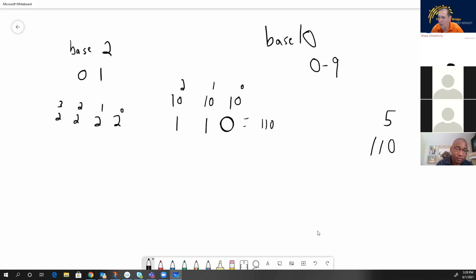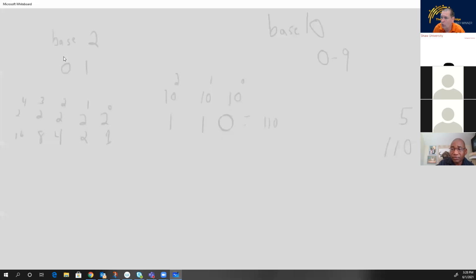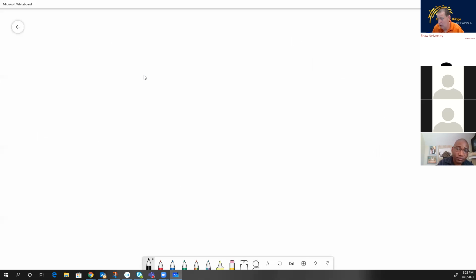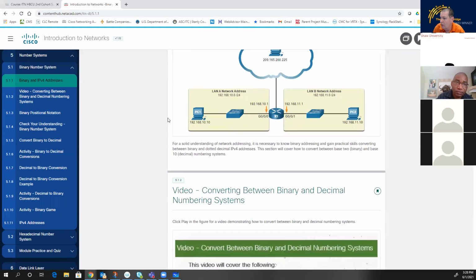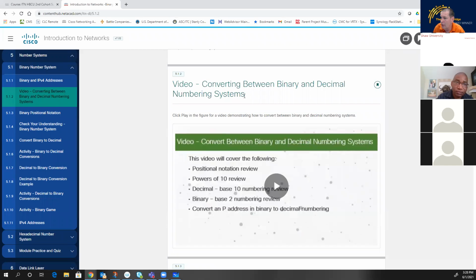What is 2 to the 0 power? 1, 2, 4, 8, all the way up, 2 to the 4th, 16, 32, 64, 128, 256, 512, and so on. So with a base 2 numbering system, we have that. What we need to be able to do is convert from binary to decimal in an easy way.